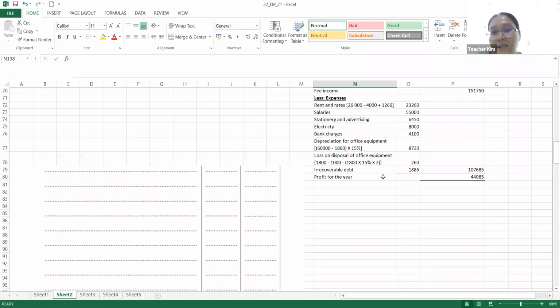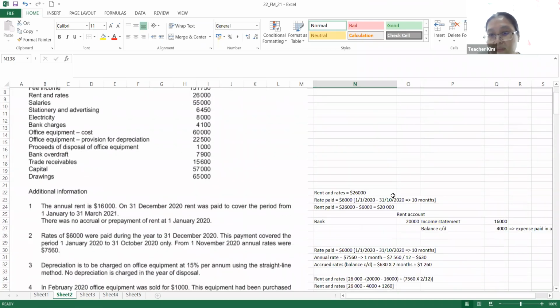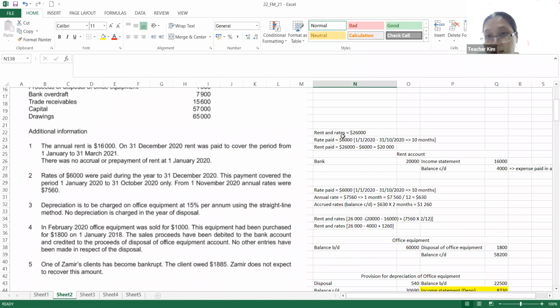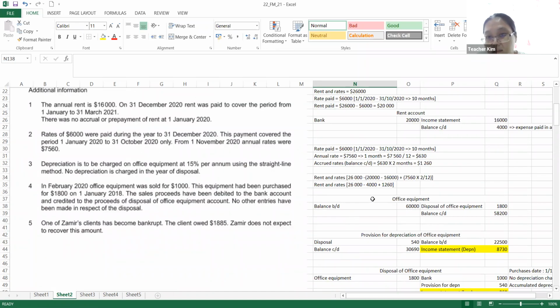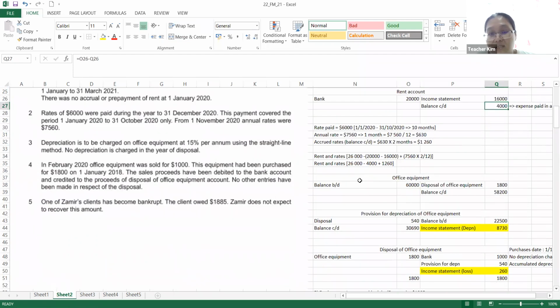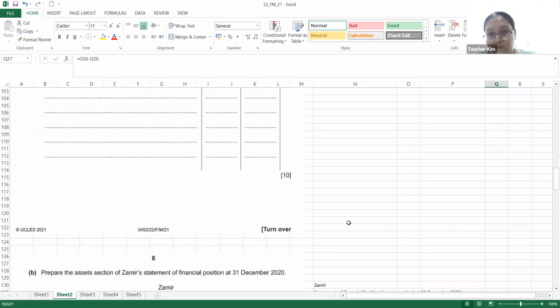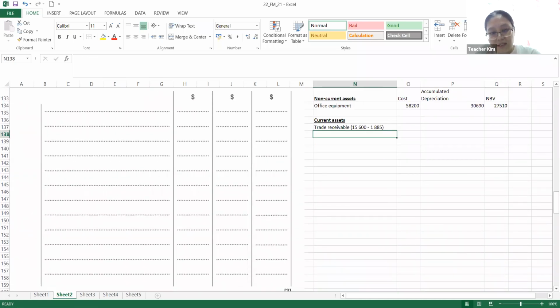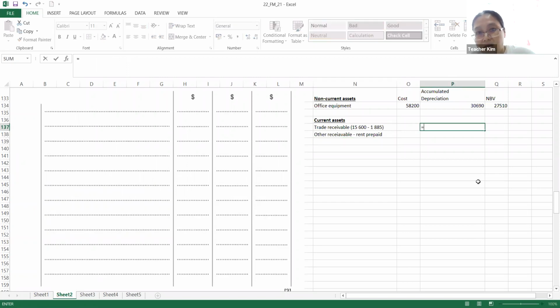Another account that in here, in the adjustment that we make, in the rent and rate. This rent is a prepaid 4,000. So this rent 4,000 is other receivable. This is referred to the rent prepaid. So this amount take 15,600 minus 1,885.